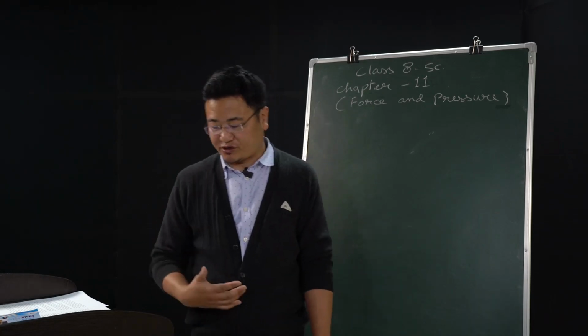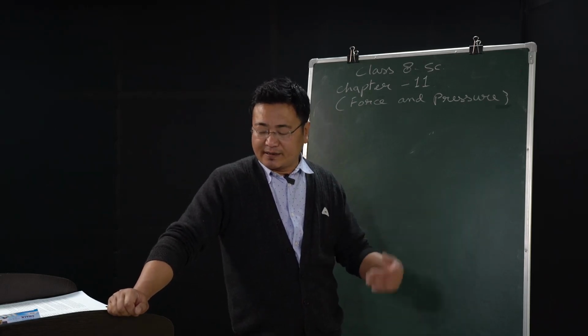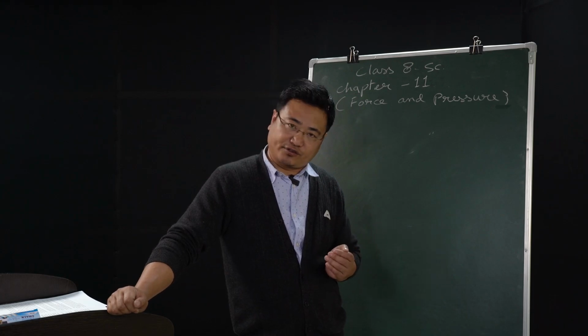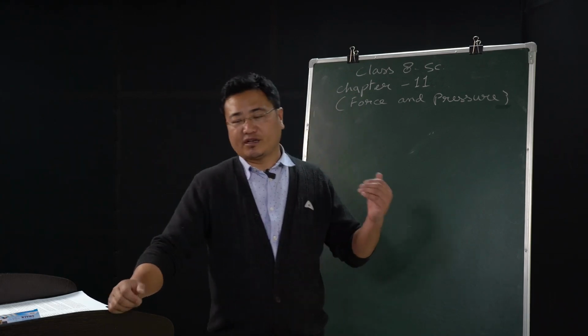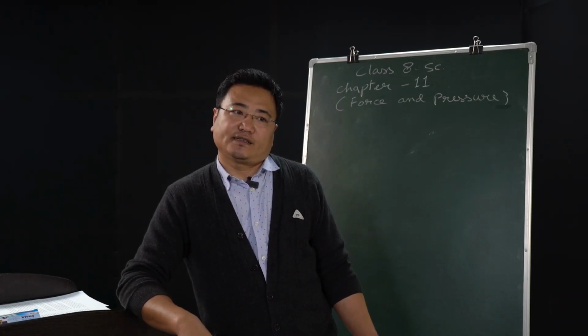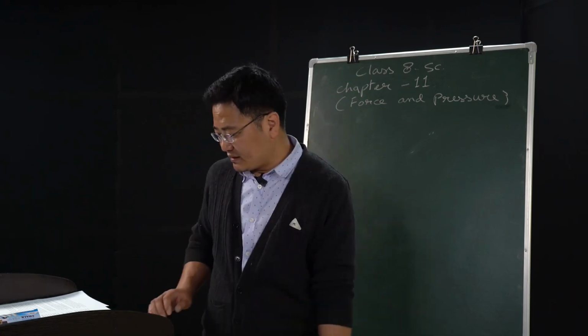And this force, which we experience through this electrostatic charge, is called electrostatic force. Since this is also a force which doesn't require contact, this is also a non-contact force.